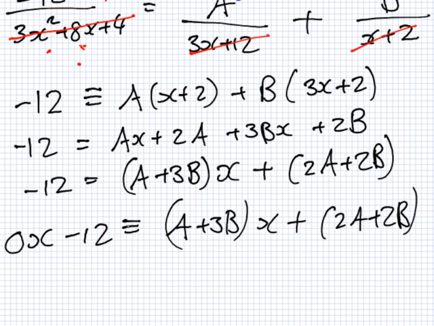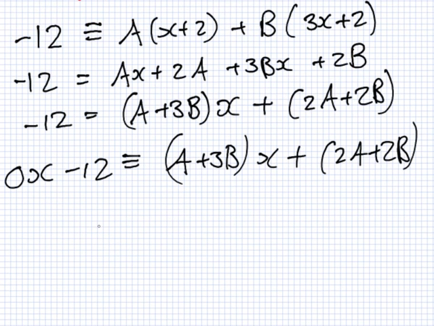Any ideas? Make a equal to 0? No. Make b equal to 0? Make a plus 3b equal to 0. So when we look at the left, we have 0x. And when we look at the right, we have a plus 3b, x.